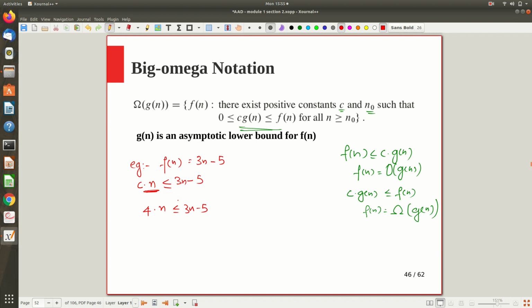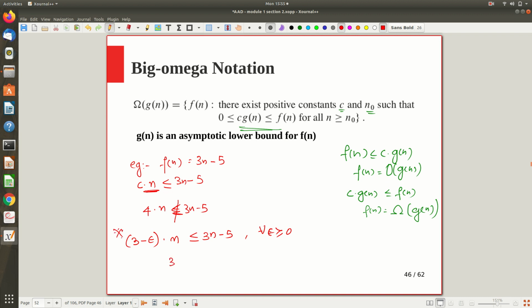So this is not going to be true, because what I need is 3n minus 5 greater than or equal to some constant into n, and 3n itself will satisfy, and any value of 3n minus some epsilon for all epsilon greater than or equal to 0. So this is going to satisfy this. Okay.